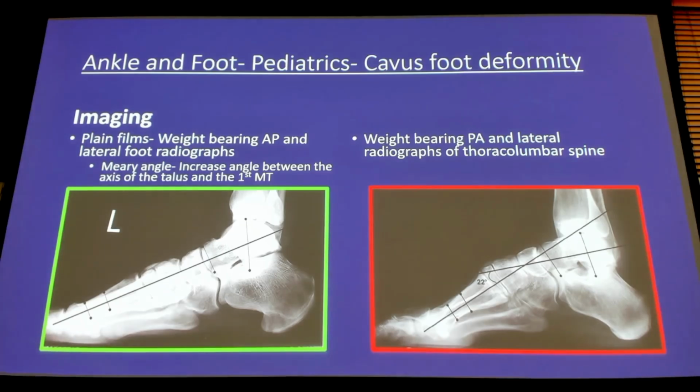You can measure that on your X-ray screen, or ask the radiologist to measure it for you. I'm not going to test you on the Meary angle, I don't think. I hope not. Of course, again, weight-bearing films are absolutely necessary.